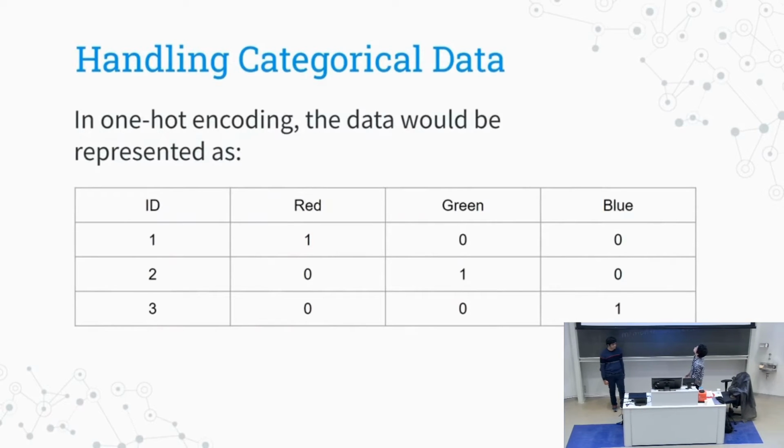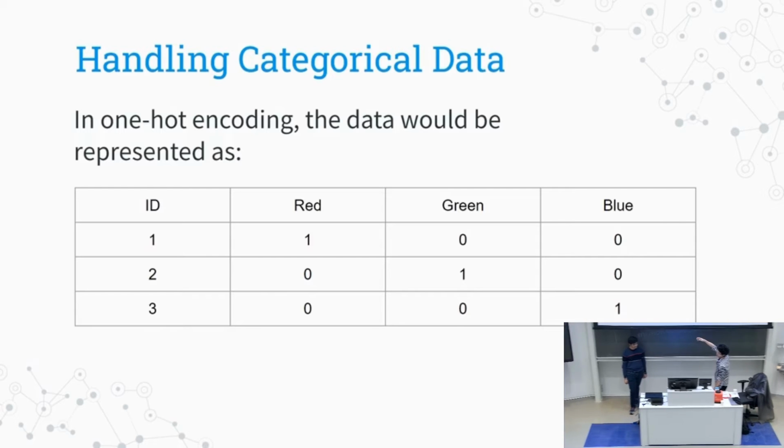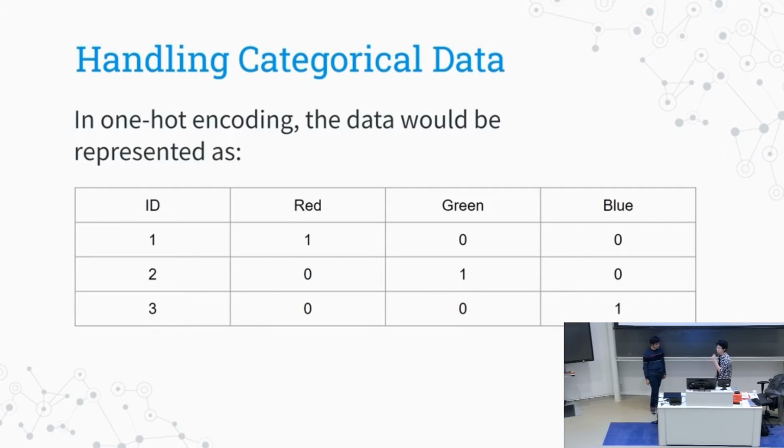If item 1 is red, the red column is 1 and the rest are zeros. If item 2 is green, we put 1 in that column, but not the rest. And the same goes for the third item.